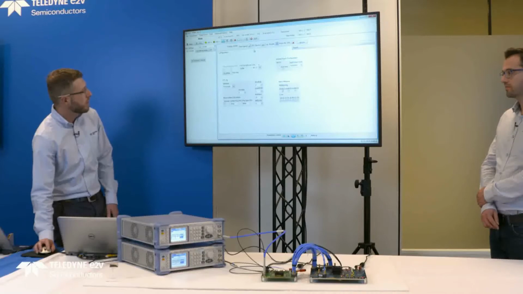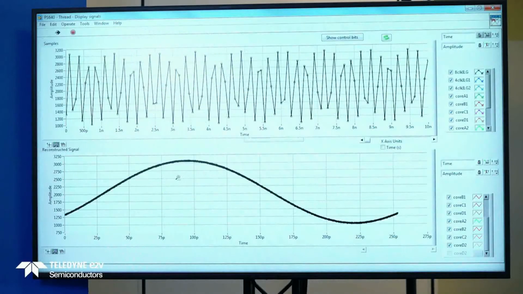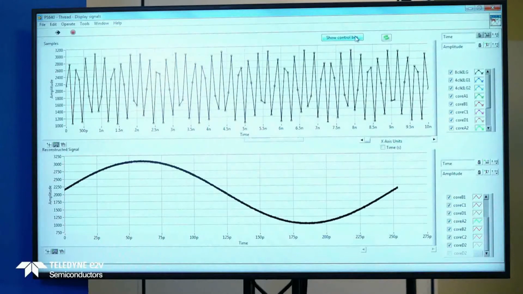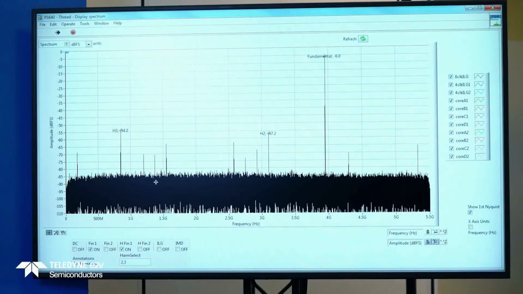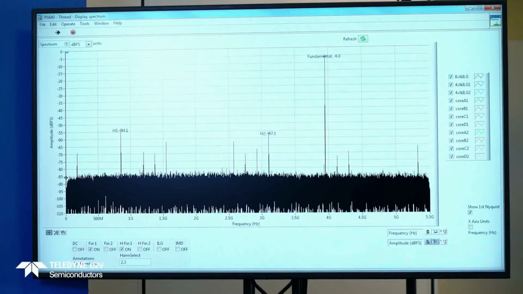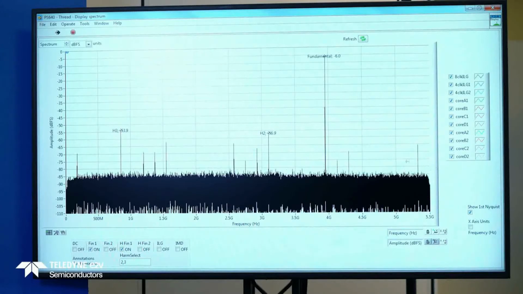The plots can be visualized in time domain, as you can see here, as well as in the spectral domain, in the frequency domain. So here with the Nyquist zone extending from DC to 5.5 gigahertz.